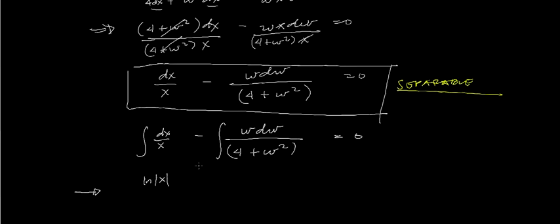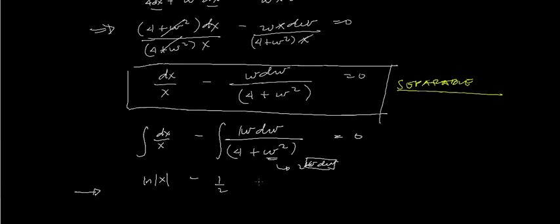The integral of this part is ln of x, and the integral of this, since we have w squared here and we have w dw, the derivative of this is 2w dw. So we have w dw here, so we need to divide it by 2.